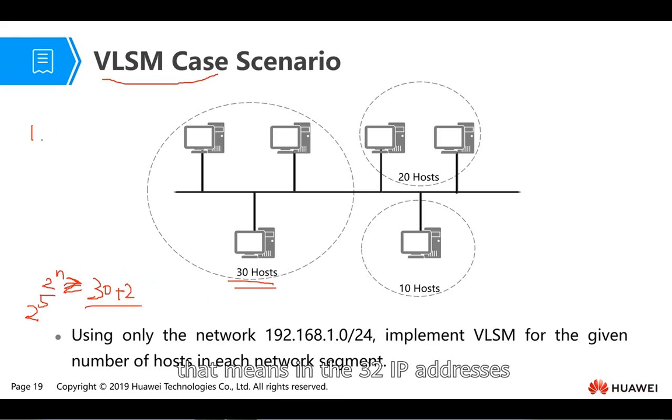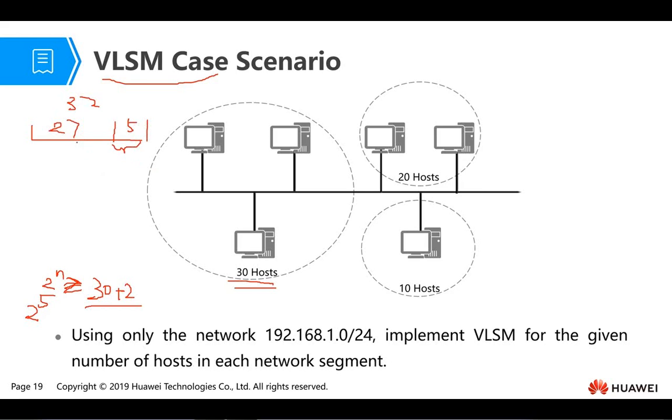That means in the 32-bit IP address, 5 bits should be reserved for the host part, and the other 27 bits can be used for the network. 27 plus 5 equals 32. So the network mask length should be 27.